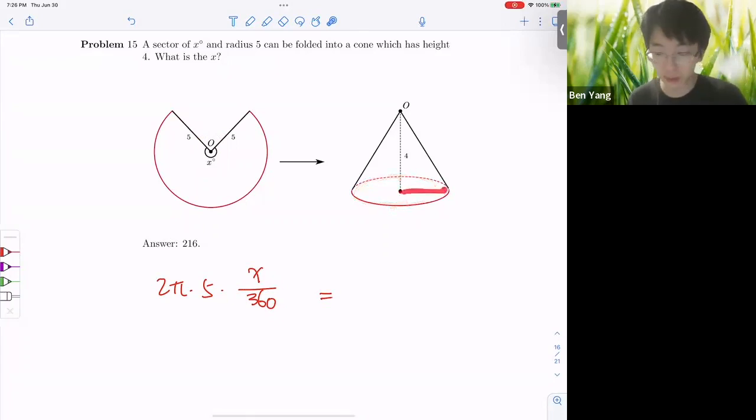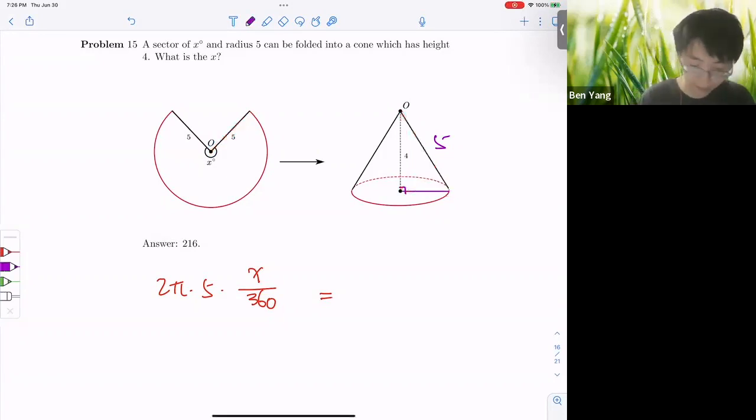But the radius is 3 because we have a 3, 4, 5 triangle here. That's 5 because that's the radius of our sector. So 5, 4, and that means the radius of the base should be 3, by the Pythagorean theorem. Then its circumference is 2 times pi times 3.